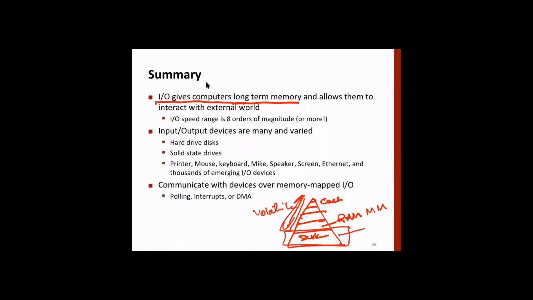Apart from that, IO allows the CPU, or computers, to interact with the external world. But we have seen these devices can have various data speeds, with more than 8 orders of magnitude difference. It means the mechanism should be simple enough to handle all this.